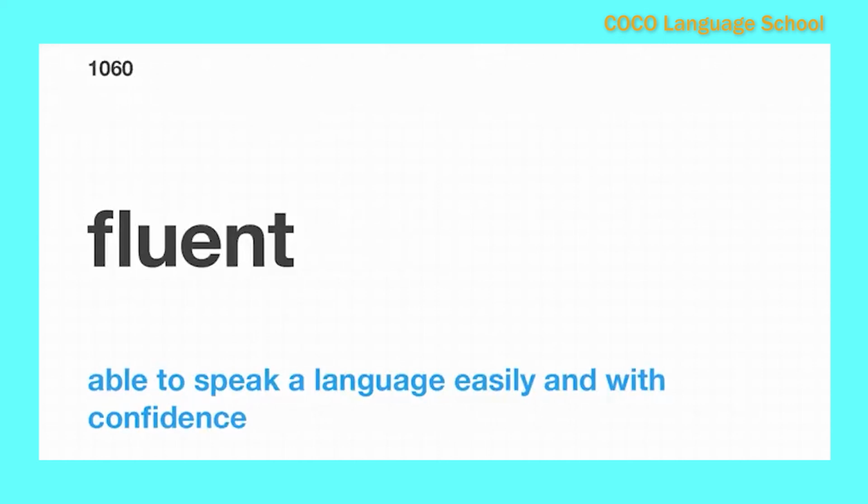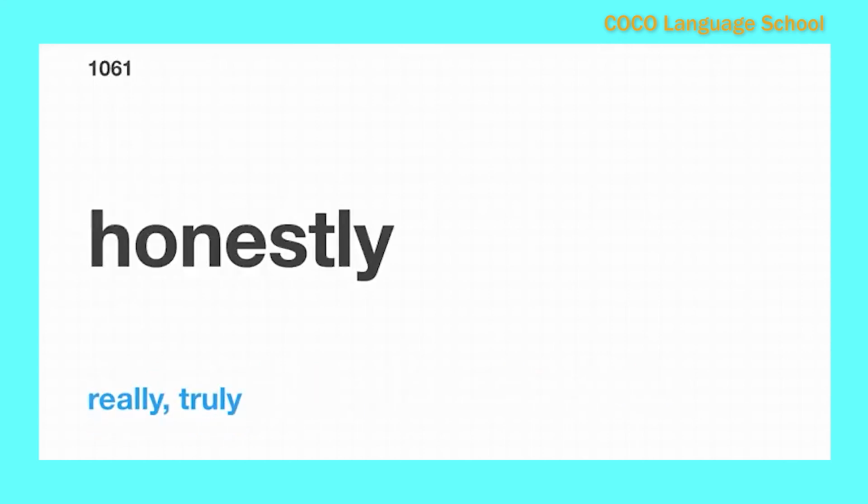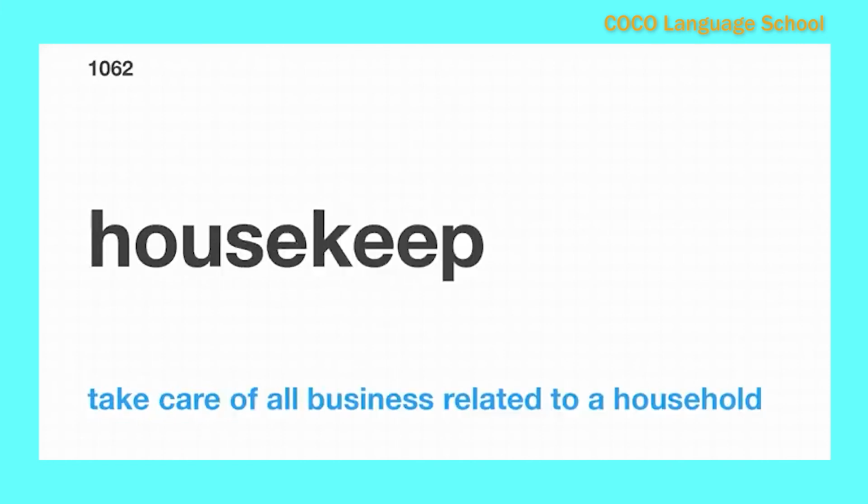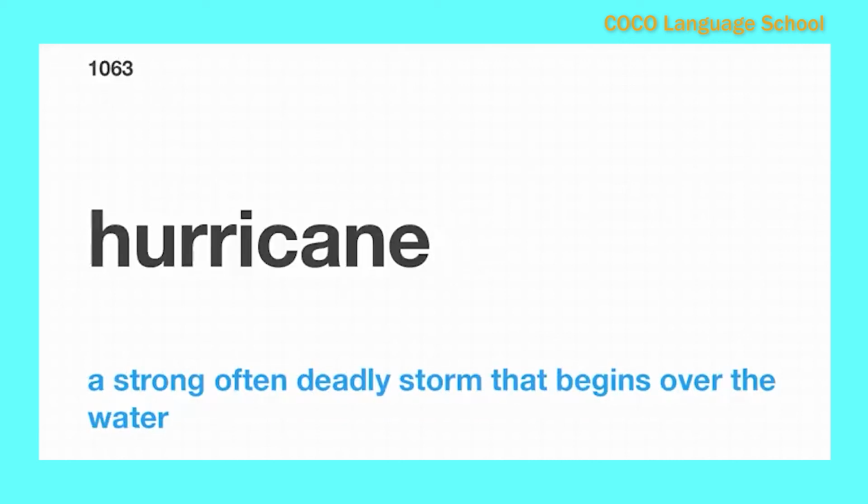Able to speak a language easily and with confidence. Fluent. Really, truly. Honestly. Take care of all business related to a household. Housekeep. A strong, often deadly storm that begins over the water.